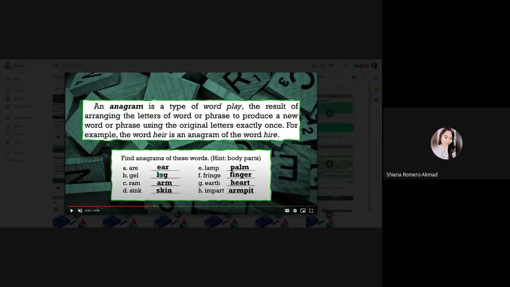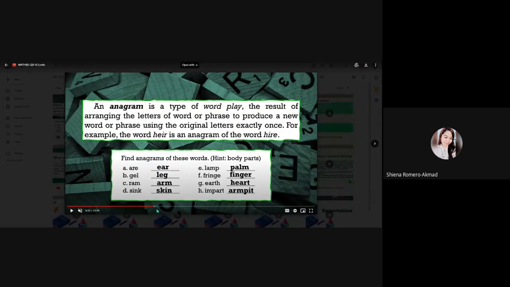So the arranging of letters, or the word arrange here, you can relate that also to mathematics. In mathematics, the word arrange is associated with the word permutation. Same concept here, you are arranging.